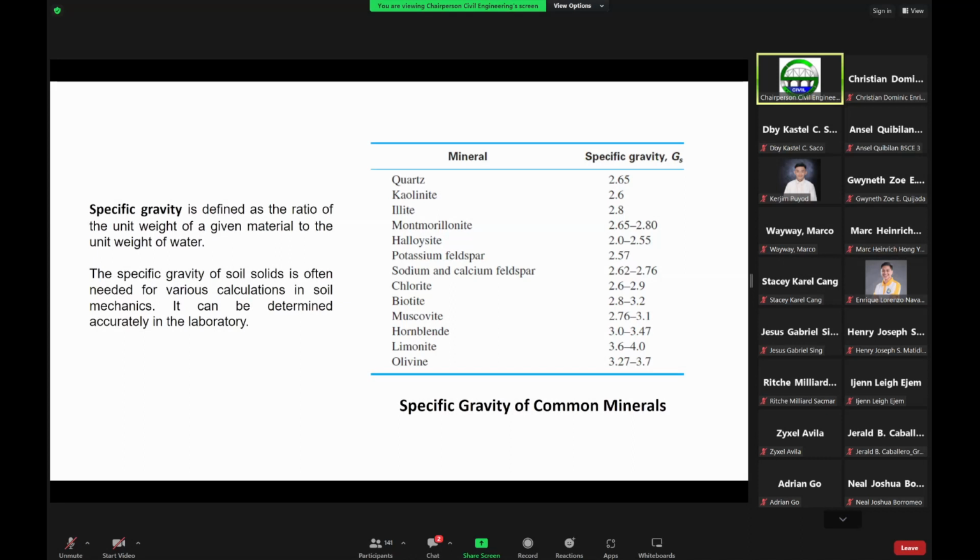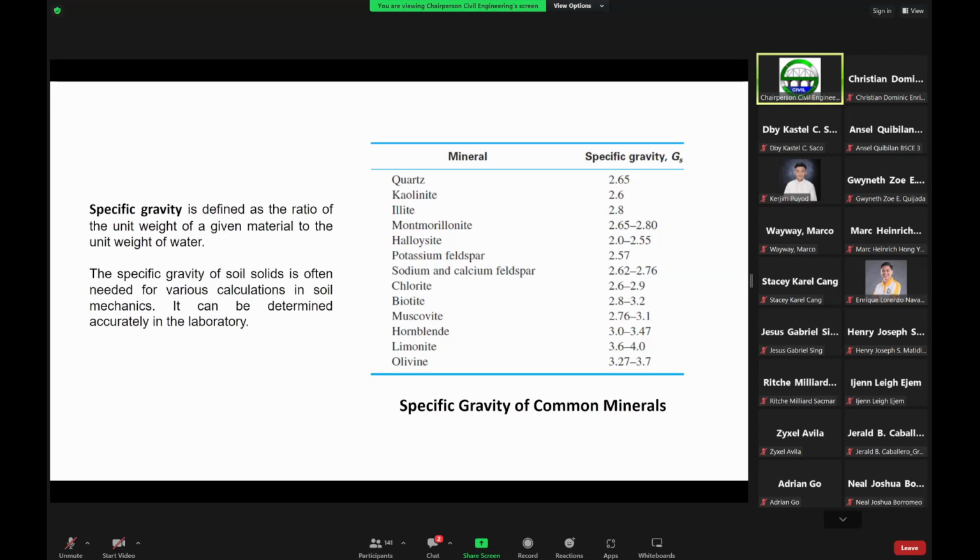But in the absence of a laboratory, you can use this table as an initial reference for the specific gravities of different minerals. If you have a sandy material, for example, where you know the dominant material, then you would know the specific gravity of that sandy material is around 2.65.